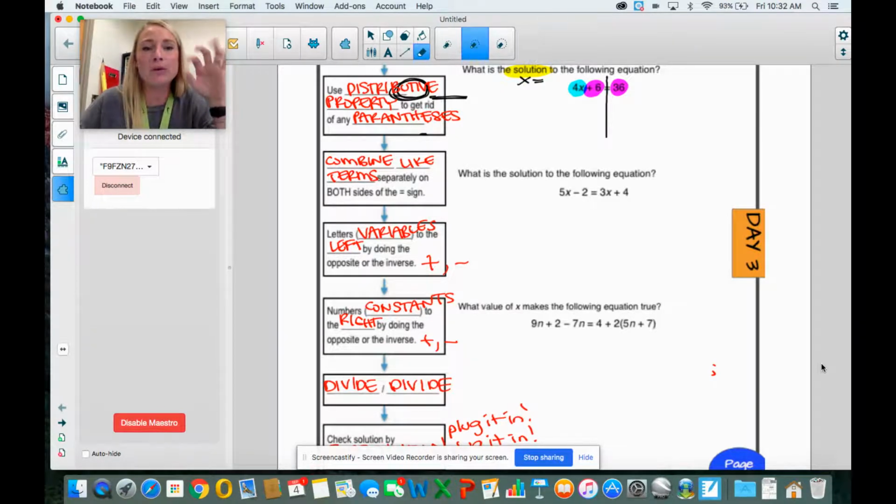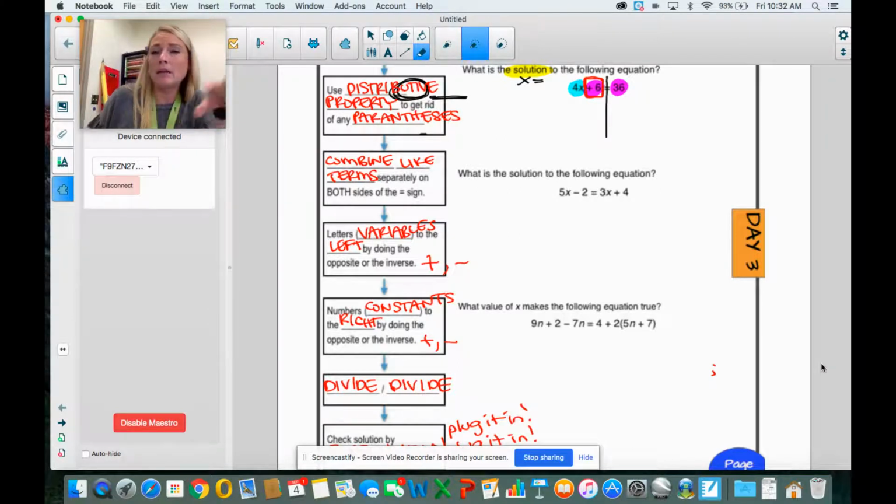So we went letters to the left, it's already over there, and now let's do numbers to the right. So I want to get rid of this plus 6 by moving it to the other side. Now I have a plus 6 right here. Now, I don't want to change the problem, so I have to do the inverse or the opposite.